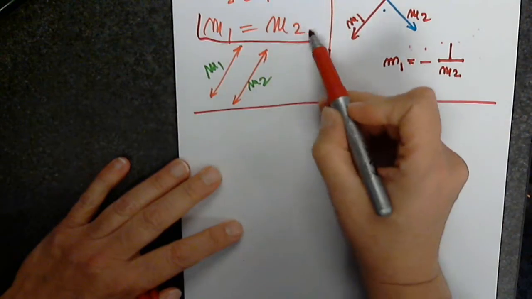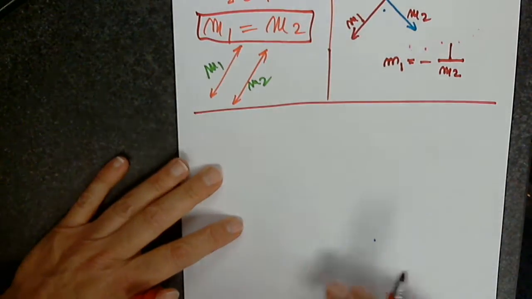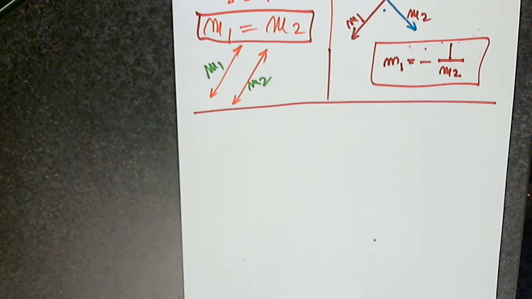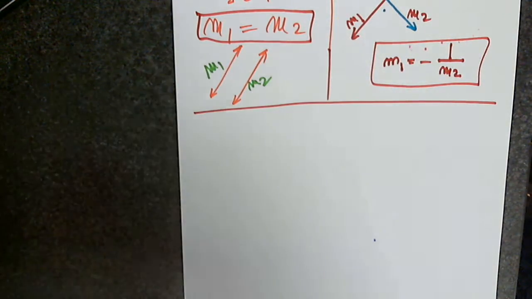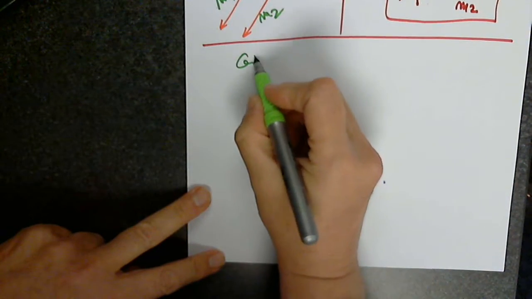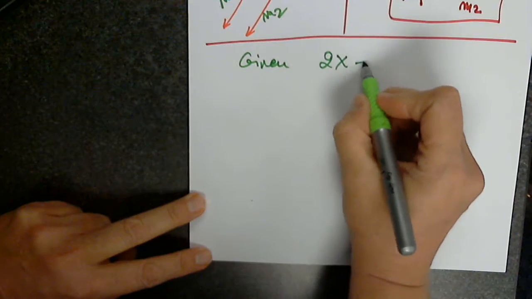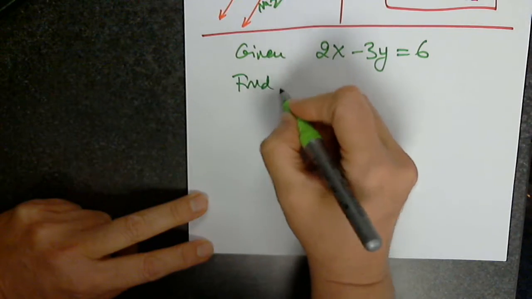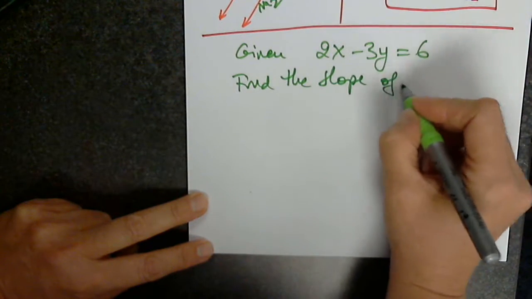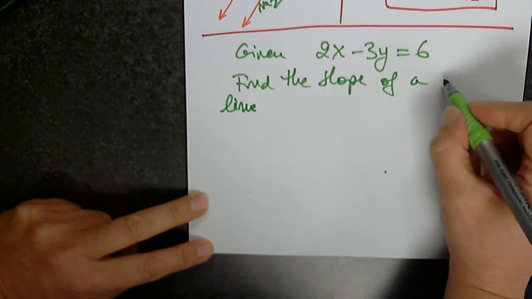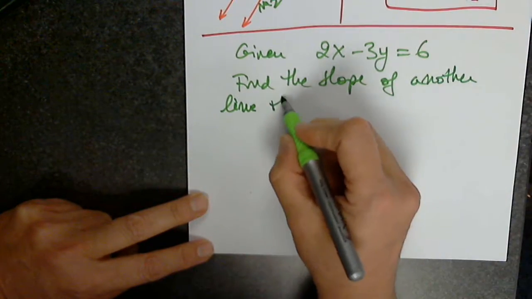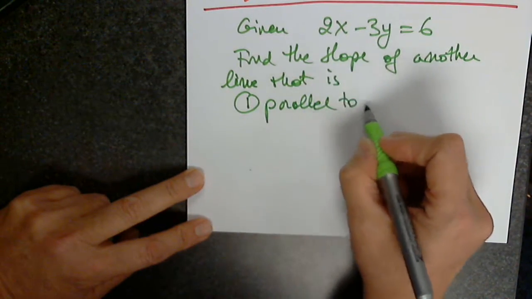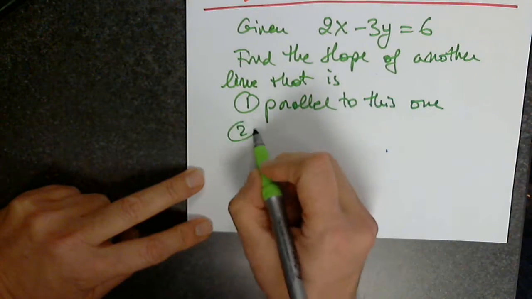So the first one, lines are parallel, they must have the same slope. Lines are perpendicular, the relationship between the two slopes has to be this. Now I would like to give you a line. So given 2x minus 3y equals 6, find the slope of another line that is, number 1, parallel to this one, and number 2, perpendicular.